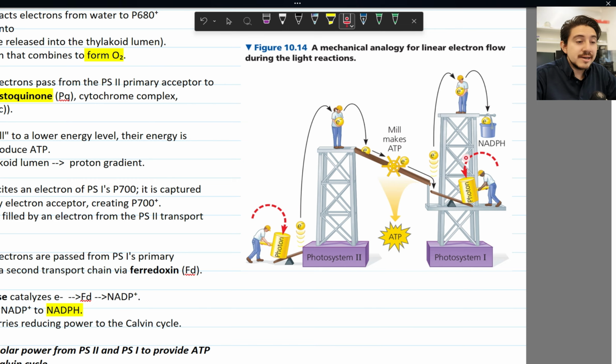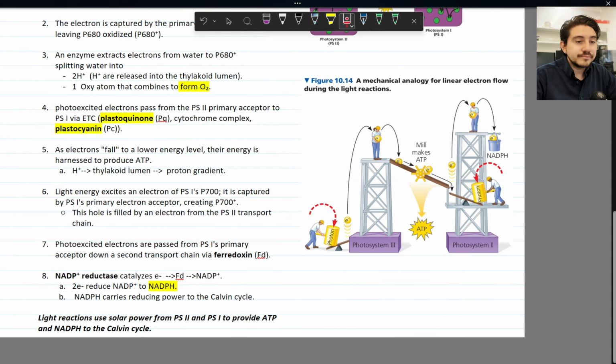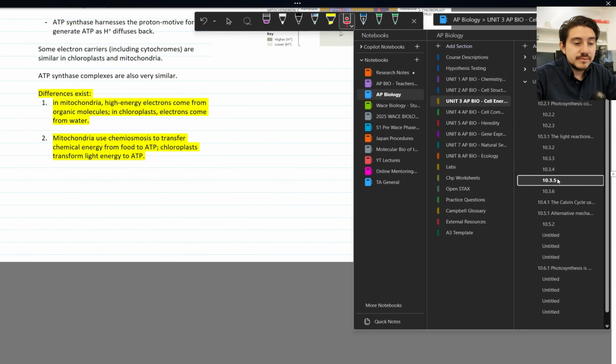To re-excite or to add more energy to these electrons, more energy from light is captured, so electrons can be shuttled into higher energy states, which ultimately provide NADPH with a good amount of energy. Okay, let's continue on.